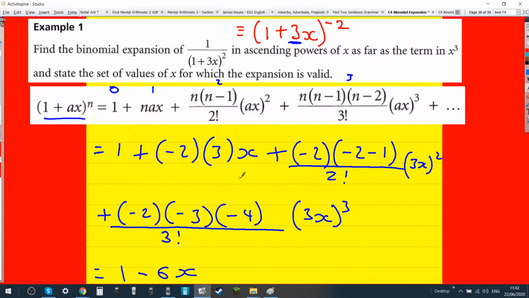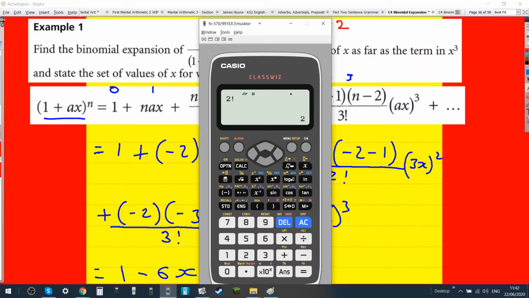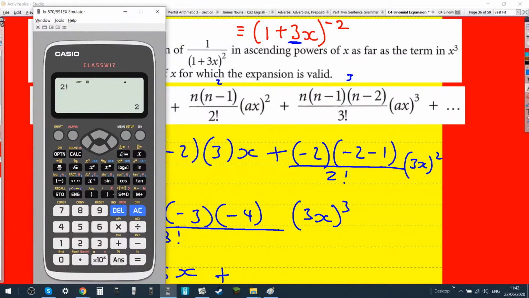So the 2 factorial is just 2. And so 6 divided by 2, so 3 times 3x squared. Will that be 27x squared altogether, that entire thing? I'll just take a look.